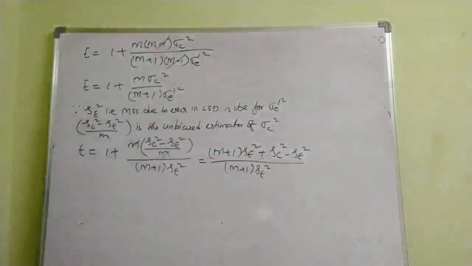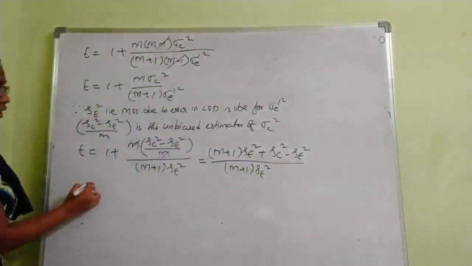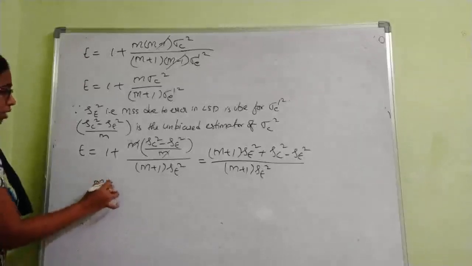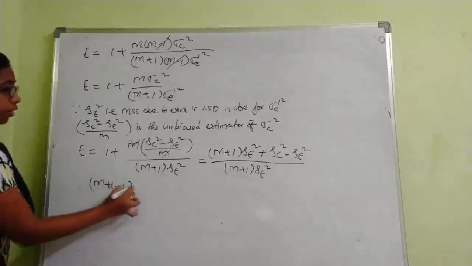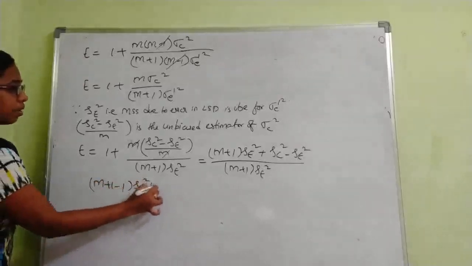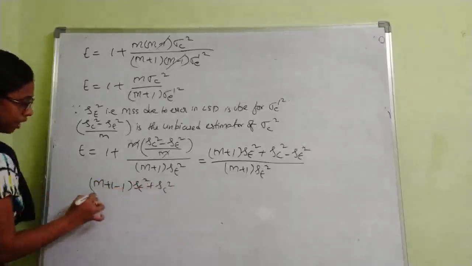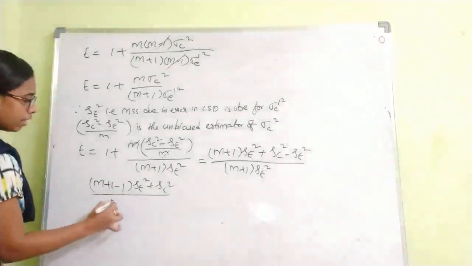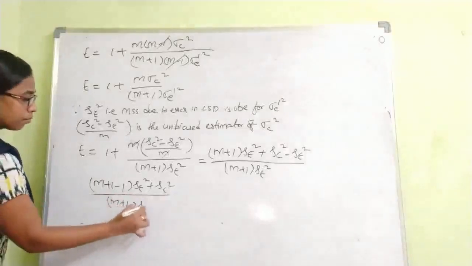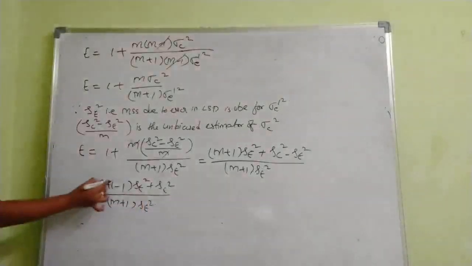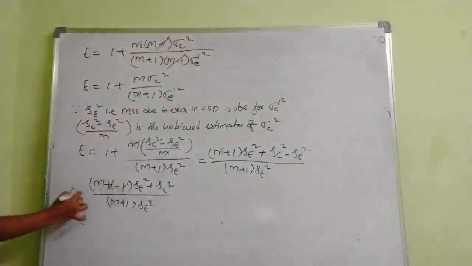Now if you take SE square as common, you will get m plus 1 minus 1 into SE square plus SC square, divided by m plus 1 into SE square. Here plus 1 minus 1 gets cancelled.